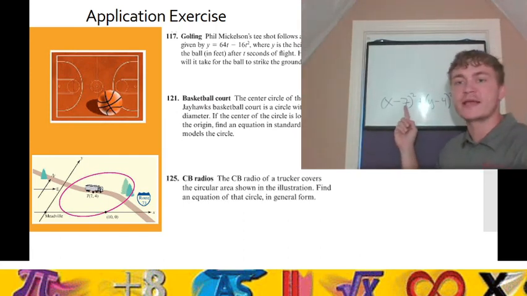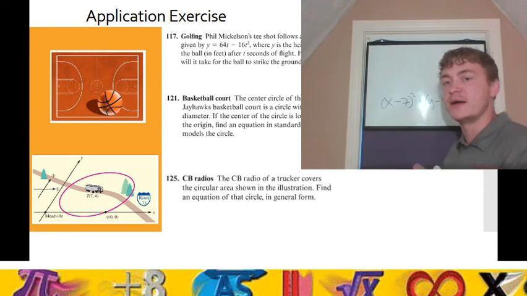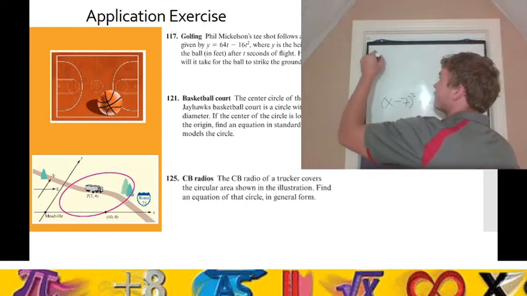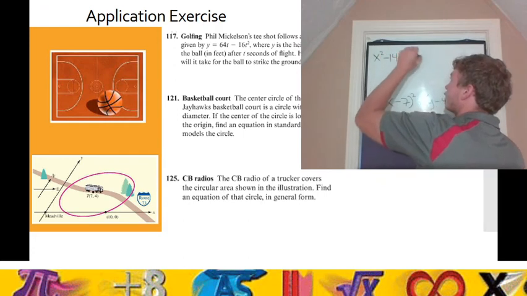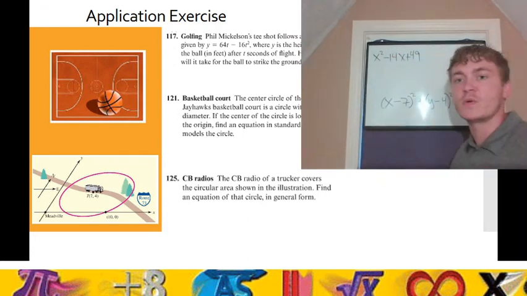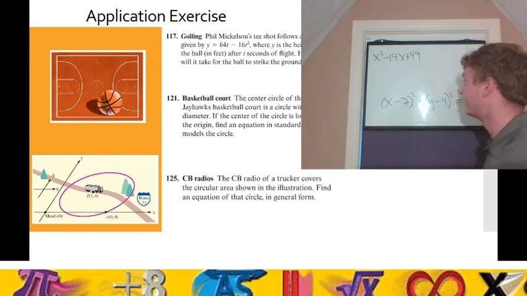But now squaring x minus 7, which is simply x minus 7 multiply x minus 7, we get x squared minus 14x plus 49.